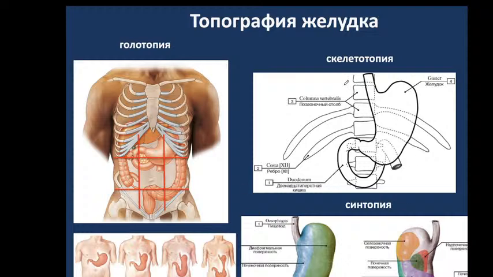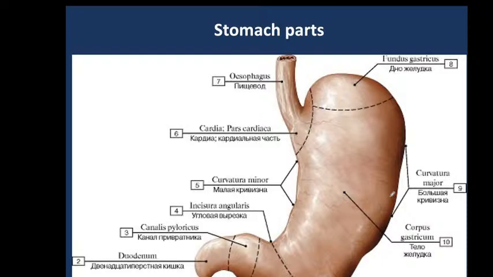Skeletopy: from the upper margin of the 11th thoracic vertebra, and the end opening is located at the first lumbar vertebra, sometimes the second, when the stomach comes down, especially for men who like to eat or drink beer.